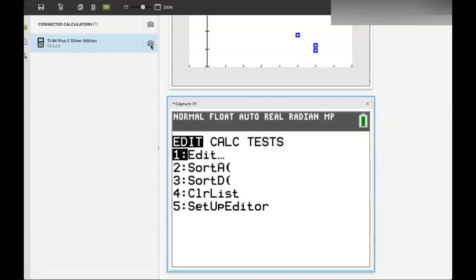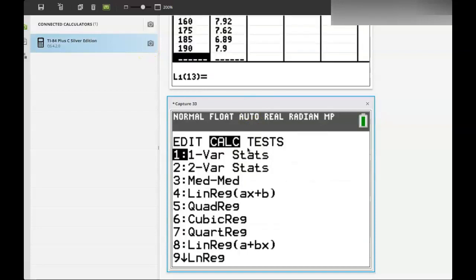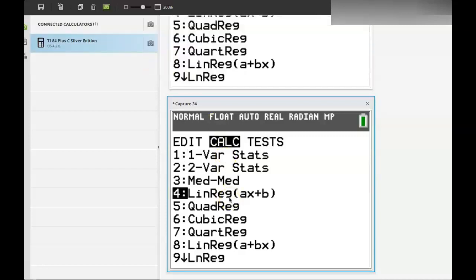And after that, enter all these data into L1, L2. So these are our data. And after that, press Stat. Choose Calc, and scroll down to choose number 4, linear regression. Enter.